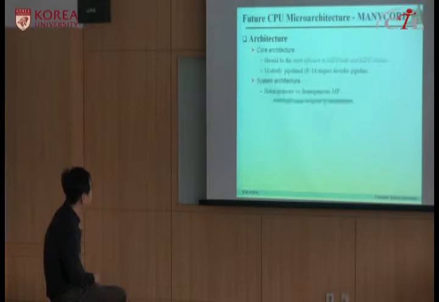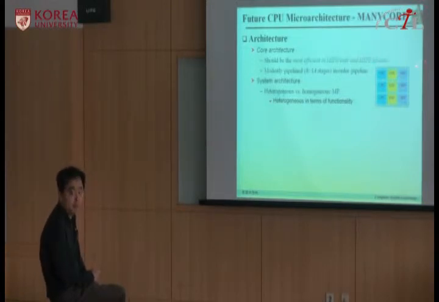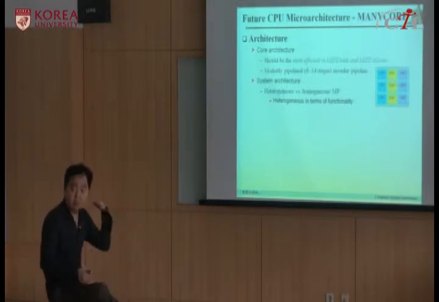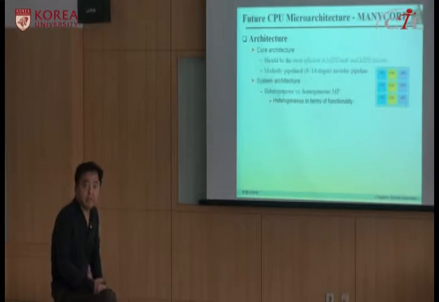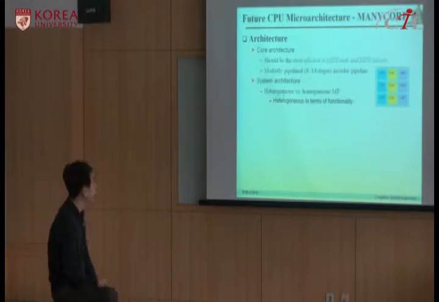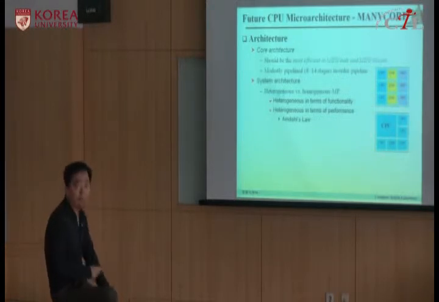And MP, you can have different multi-cores, because for smartphones and mobile devices, you need DSPs, right? So you can have CPUs, DSPs, and sometimes GPUs. So you have heterogeneous multi-core versus homogeneous multi-core, as you have studied in this class. Okay, and also you can have heterogeneous multi-cores in terms of performance.